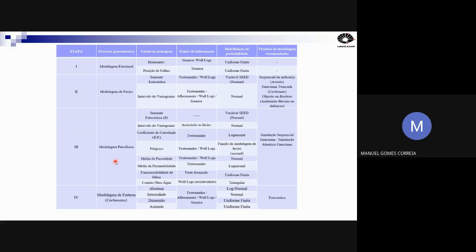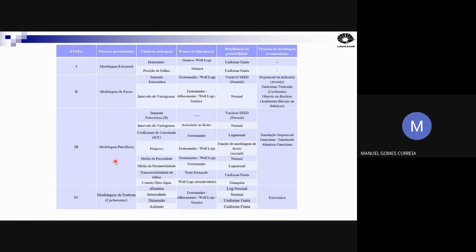But this table represents all kinds of uncertainties that we have, not only for carbonate, but also for siliciclastic. Normally, all kinds of variables that we input in our data are in this table, okay? Especially the variables related to the static model, the geological model, not the dynamic model.